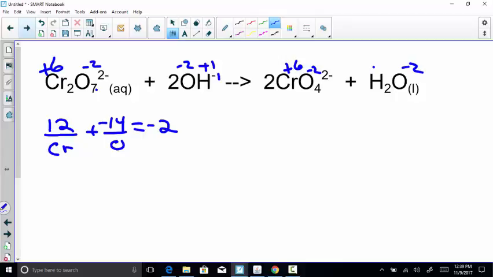Oxygen's -2 and hydrogen is +1. So what changed? There's no reduction. So this is not an oxidation reduction, therefore you cannot fill in any blanks. But you should make a note, no oxidation reduction. Write that in.